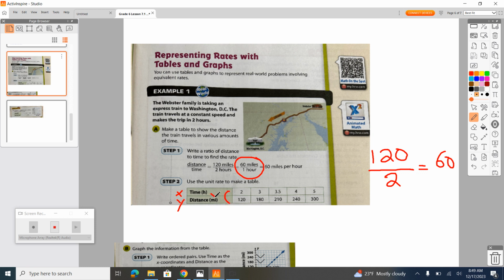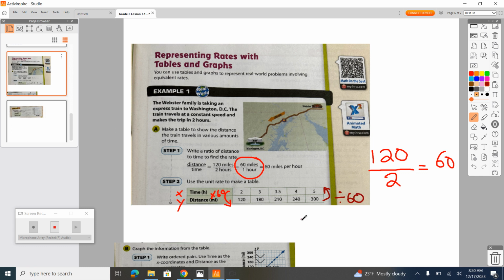They're taking the x value and multiplying by 60 to get the y value. So the arrow I have going like this. 2 times 60 is 120. You could also take the y value and divide by 60, and you would get 5. So they've filled out this table.